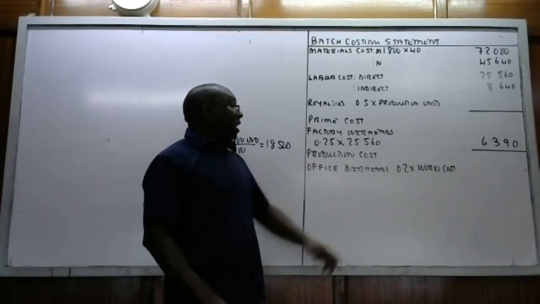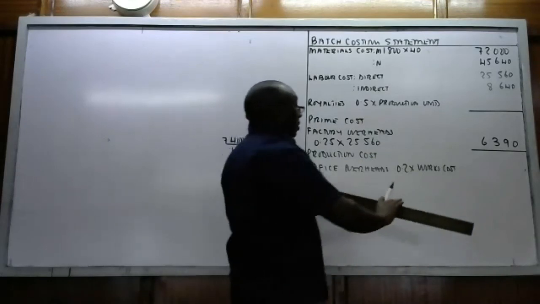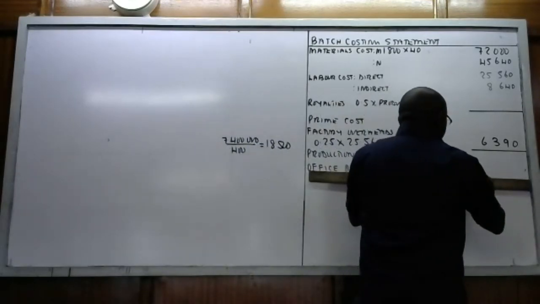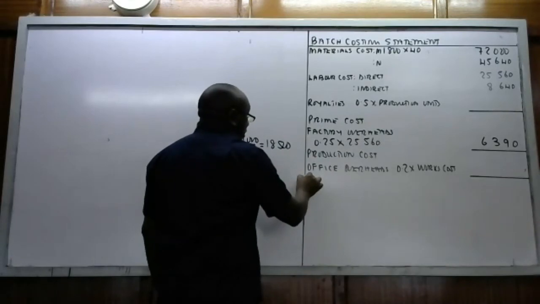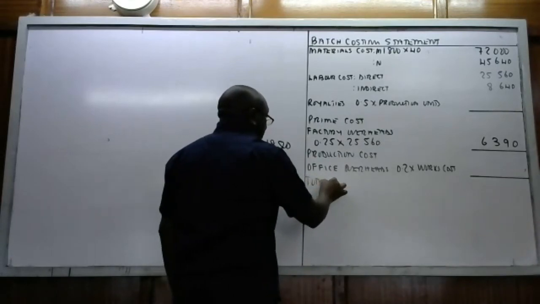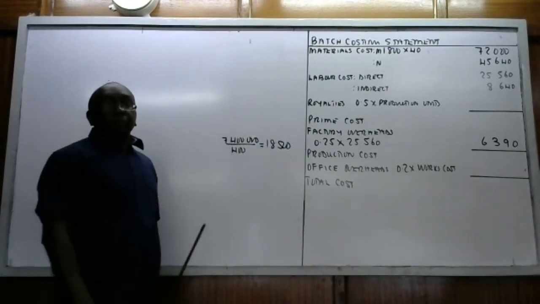Once you add that, we get a figure called total costs.